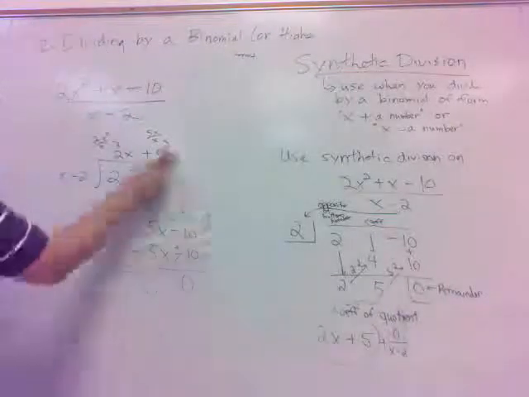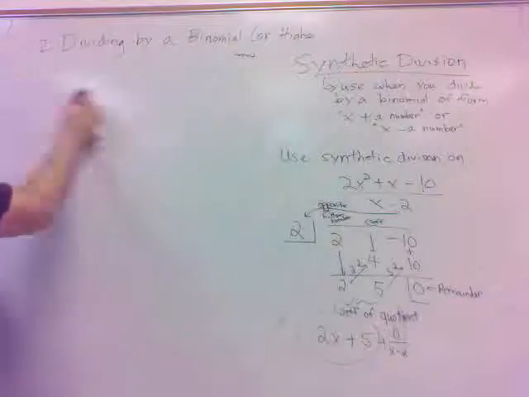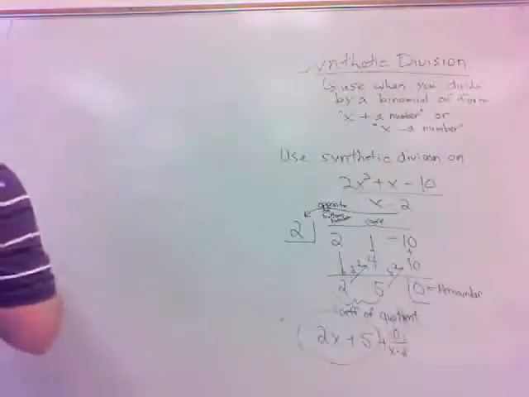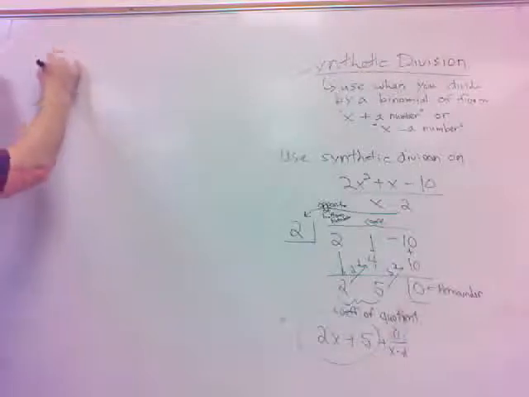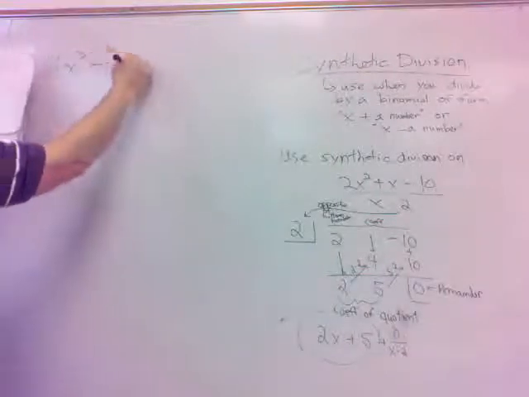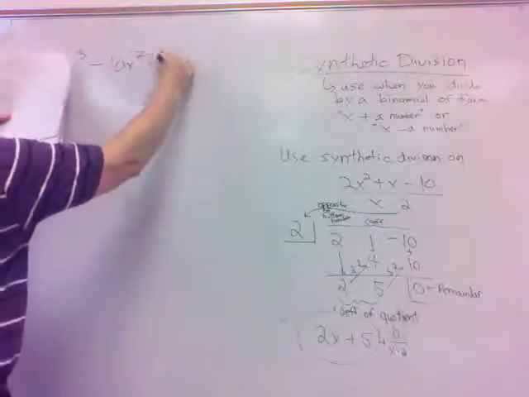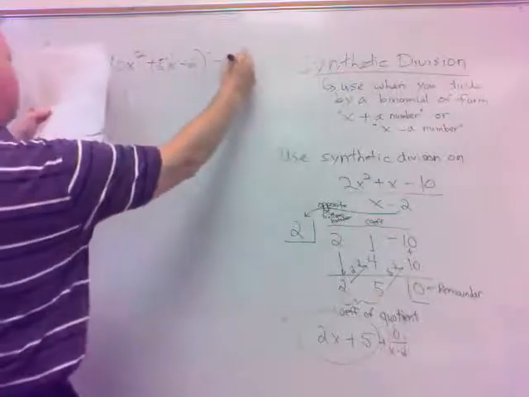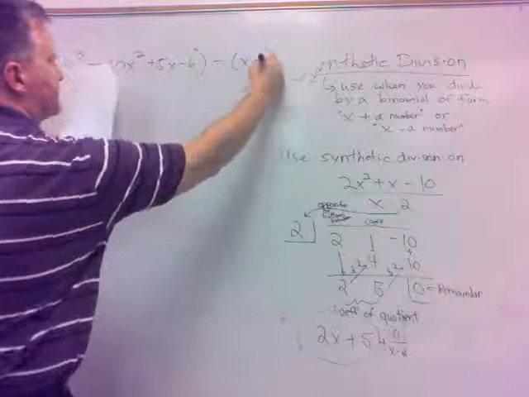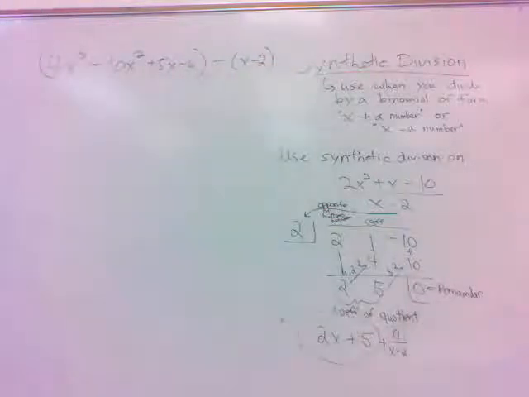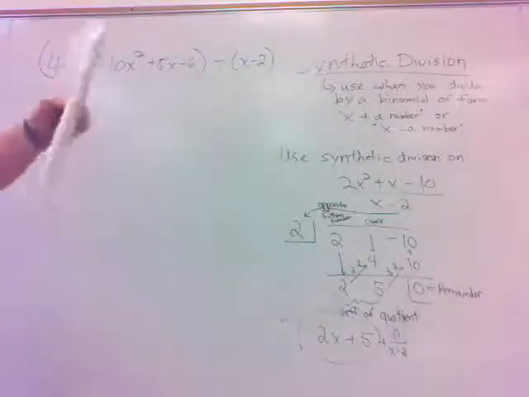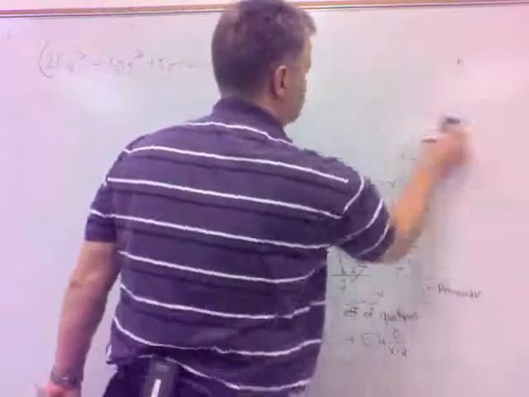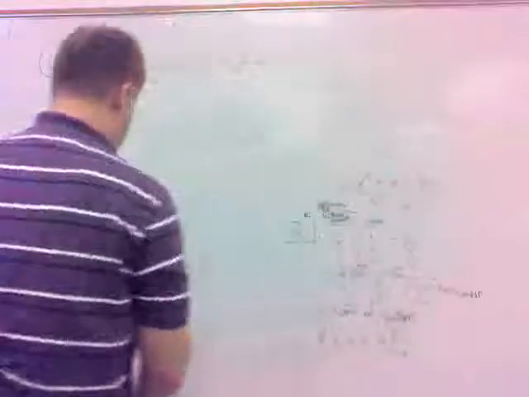All right, so let's do 2 more of these, then I'll be done. All right, so synthetic division. Let's go 4x cubed minus 10x squared plus 5x minus 6. And I'm going to write them this way because I think some of them might be like this instead, but it's the same thing, right? Dividing a 4-term polynomial by a binomial.